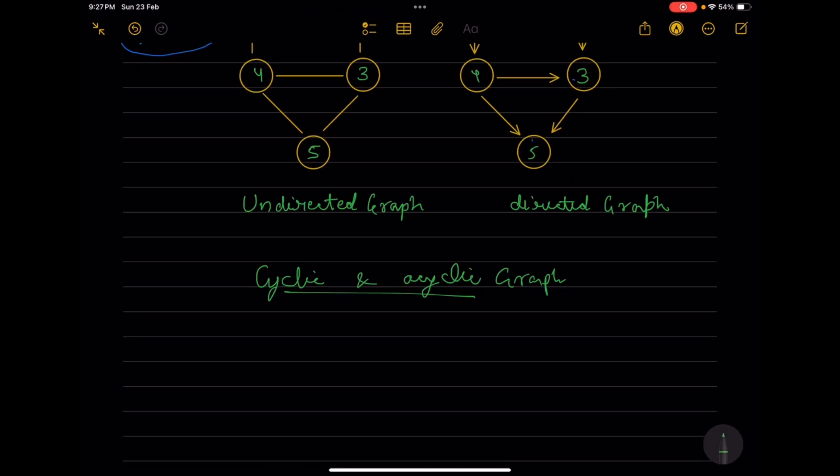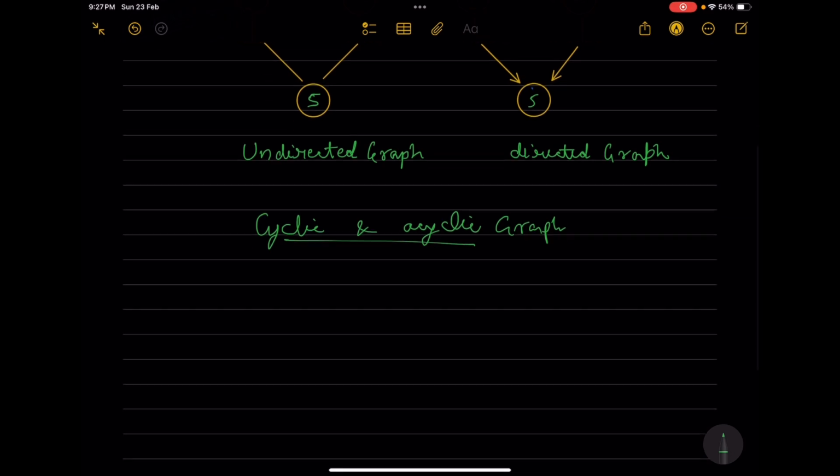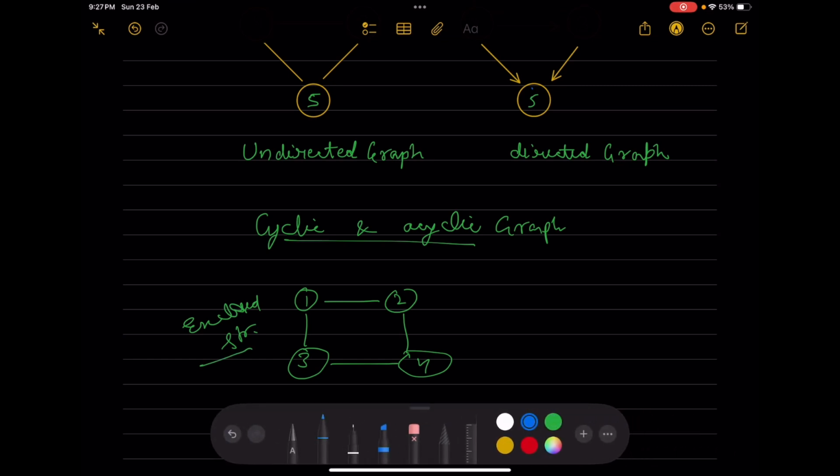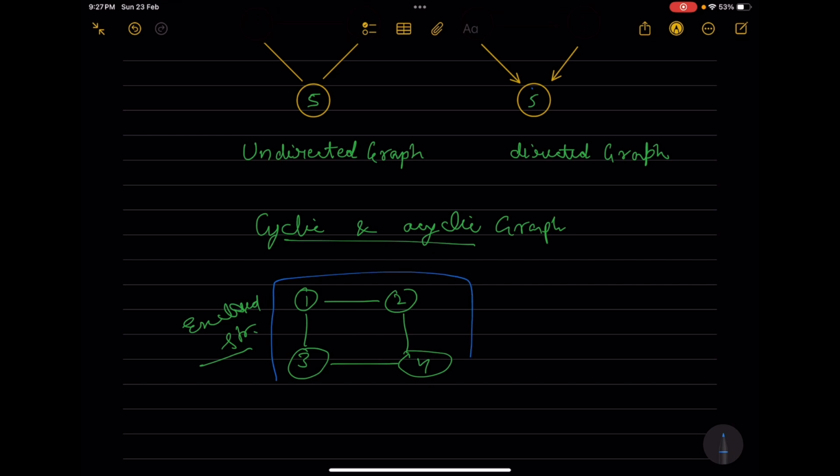What do you mean by cyclic graph? For example, in an undirected graph, we have this type of enclosed structure. If this type of enclosed structure is there, then we can say this is an undirected cyclic graph.